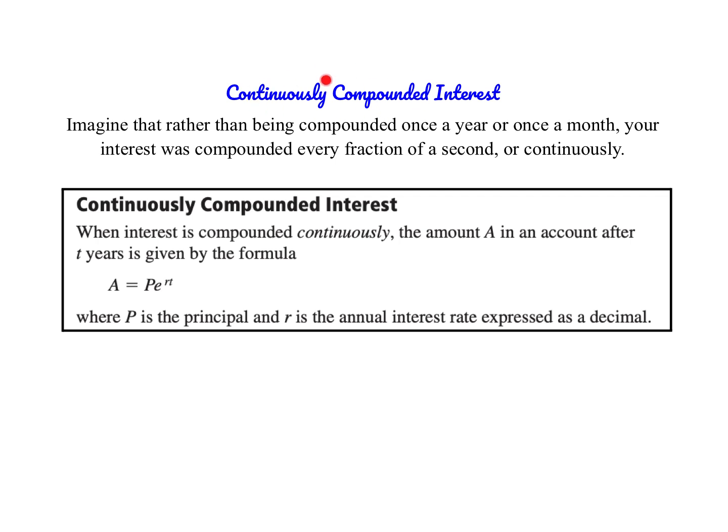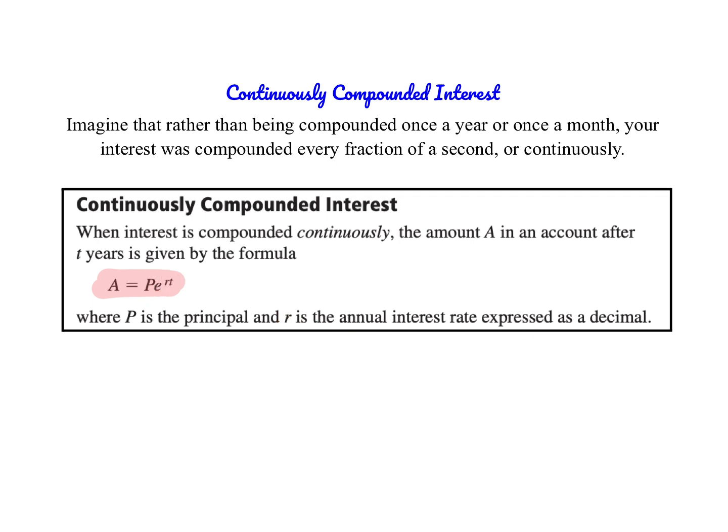Now, when you have continuously compounded interest, we actually have a different formula for it. So this formula is still a compound interest formula, but it's for continuously compounded. And we only use it in that very specific scenario. So for this scenario, it's A, which will be the amount in your account after T years, equals P, which is still the principal, times E to the power of RT.